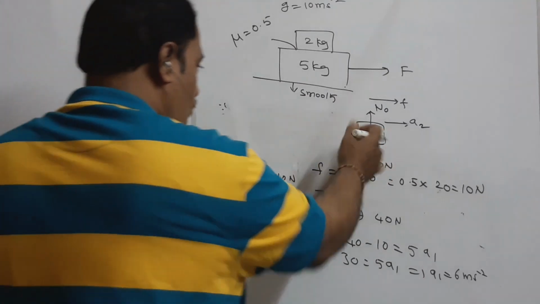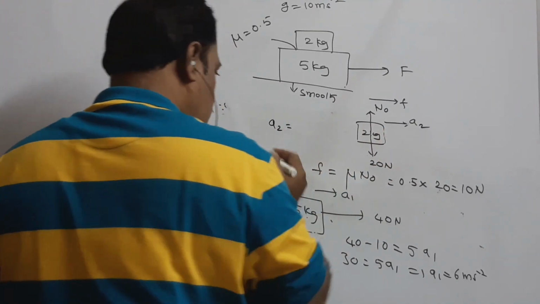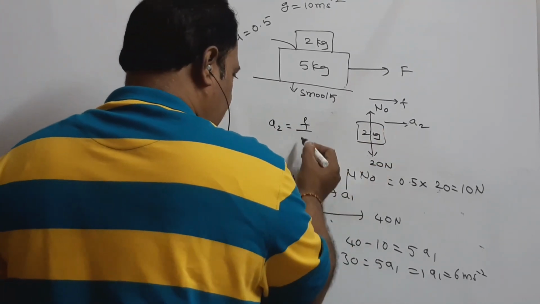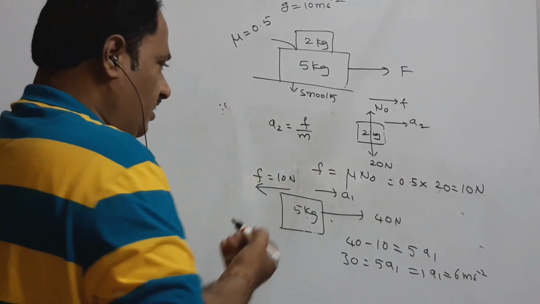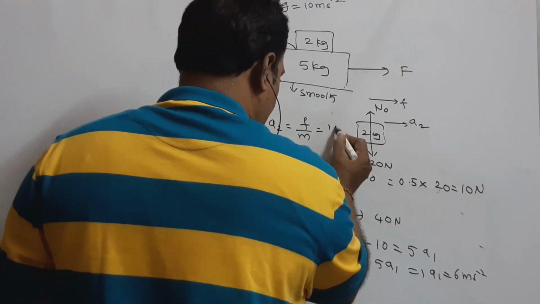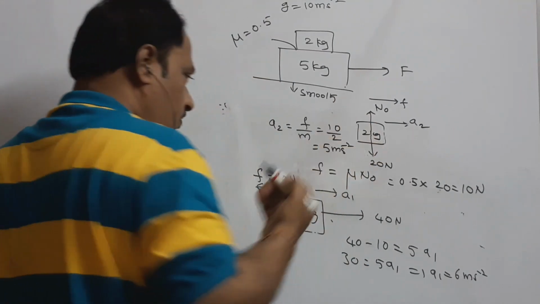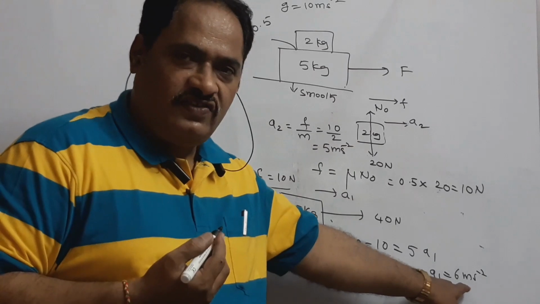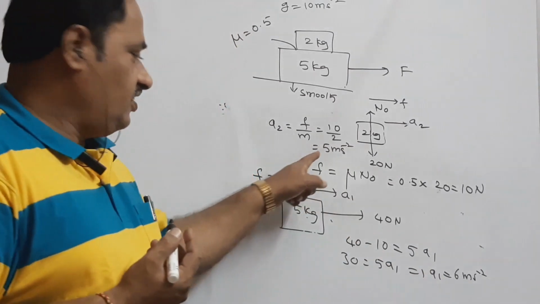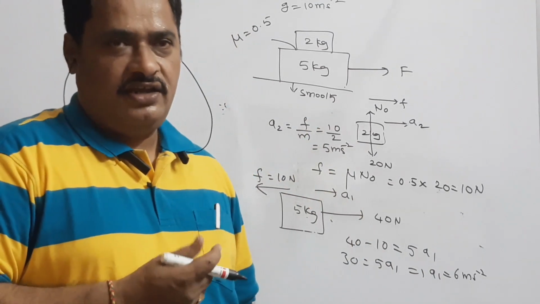Whereas for the A2 value, it is the frictional force divided by mass, that is 10 divided by 2. We get 5 meter per second square. This is 6 meter per second square, and this is 5 meter per second square.